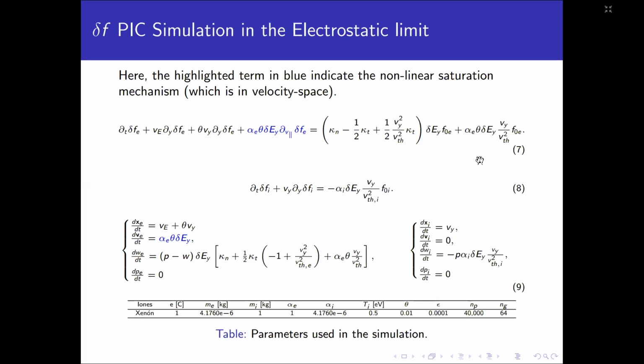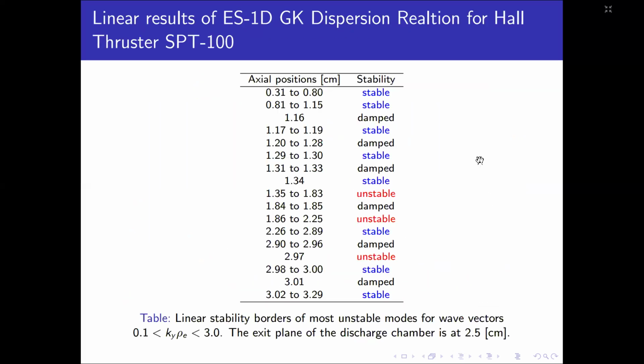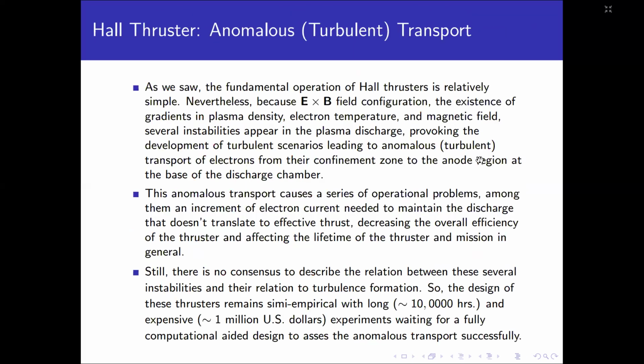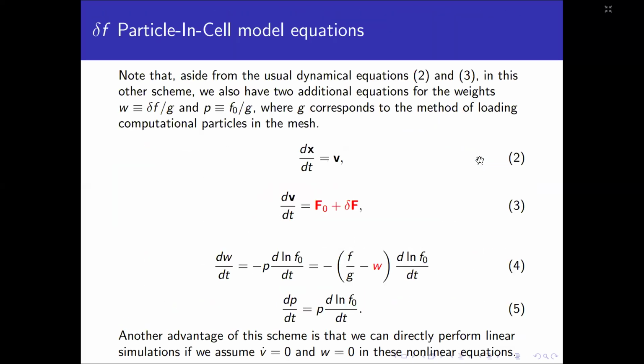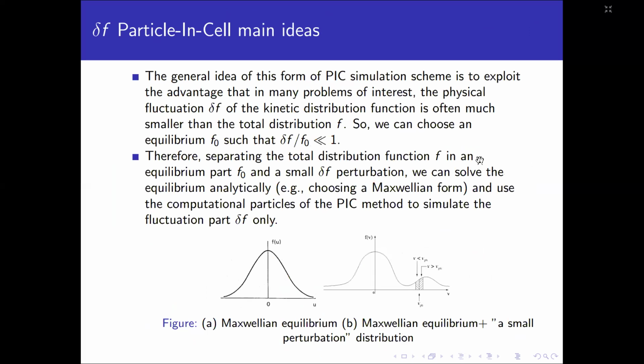I actually wanted to ask you what kind of shape F0 has. What type of shape is F0, the equilibrium part? Well, a Maxwellian form. So it is actually Maxwellian there. Yes, we are using the equilibrium part described by a Maxwellian form like this.